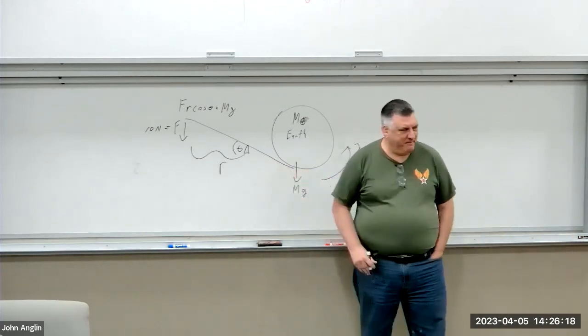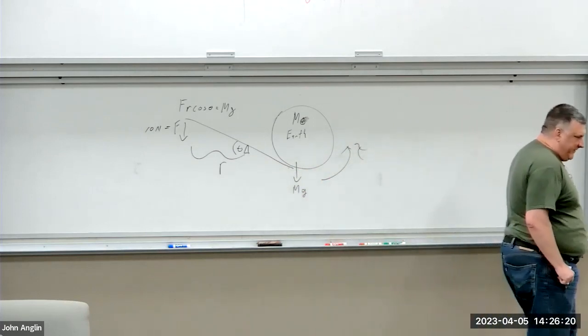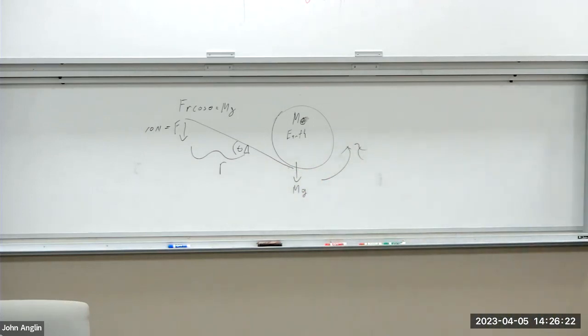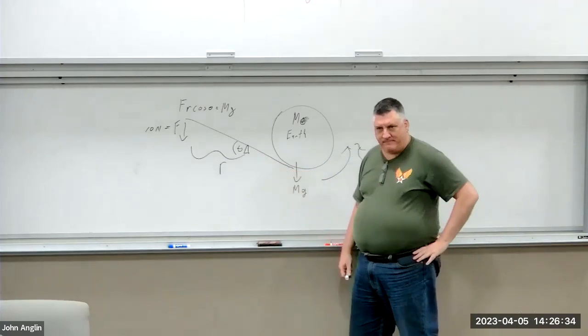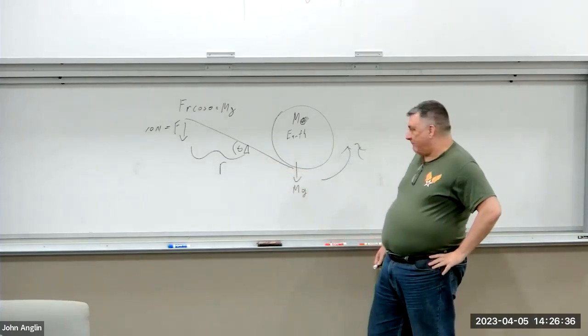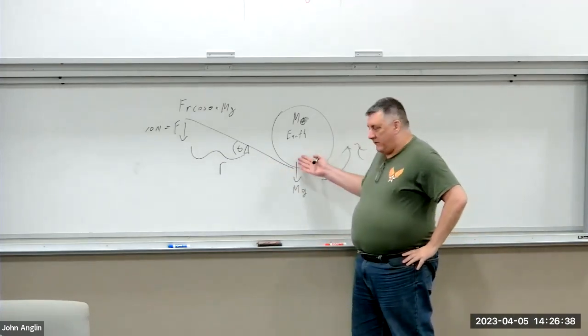What is this? This is the seesaw problem, right? The seesaw problem is just the two balance points across a pivot. That's what we're doing. Just the torque problem.